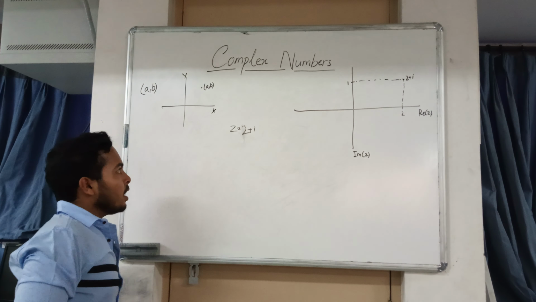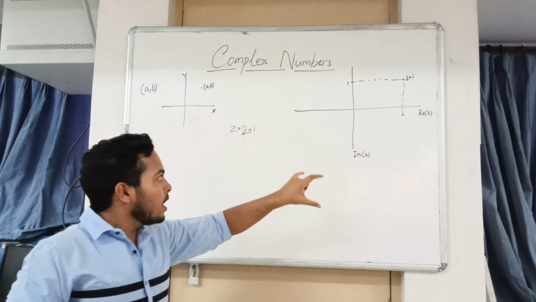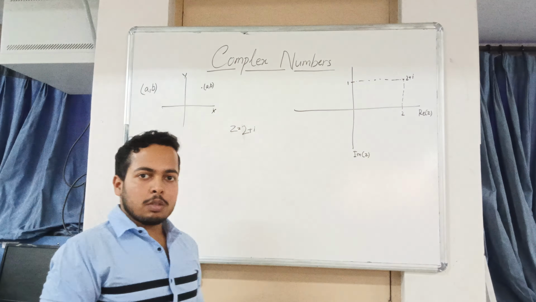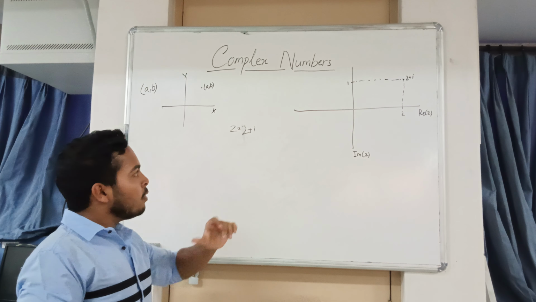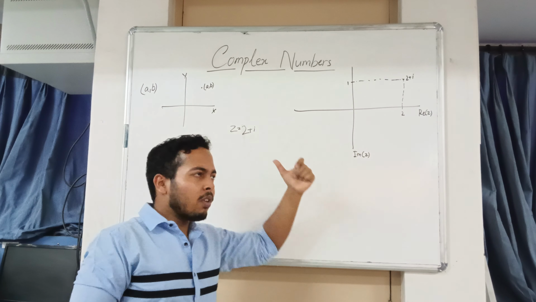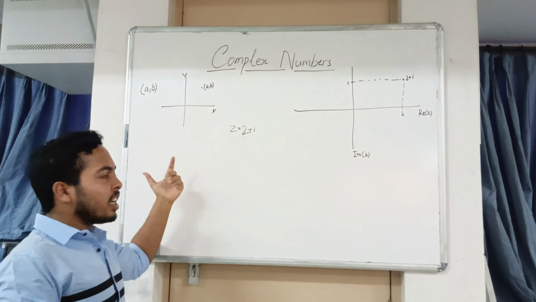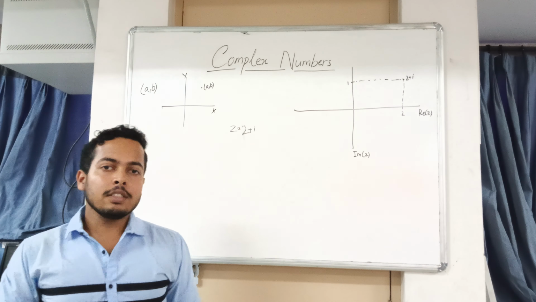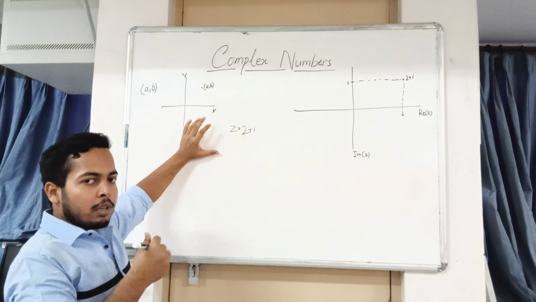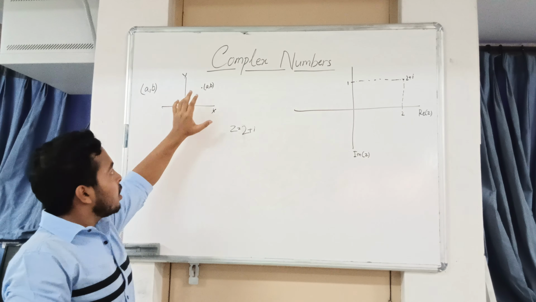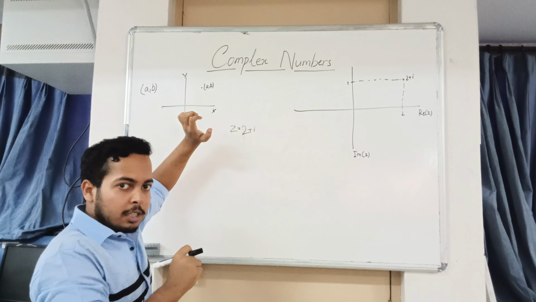Right? Now you might have a question: these two planes look somewhat similar, so why do we even need to study this plane? Why can't we plot the complex numbers in the XY plane itself? The answer is, in the XY plane when we plot a point, we plot the values of two variables.